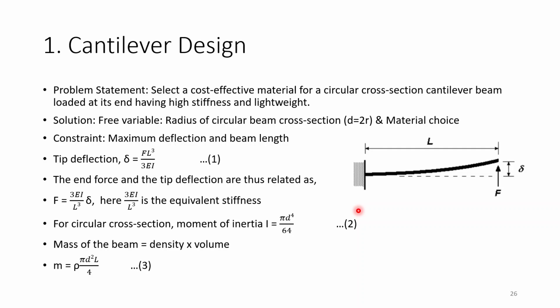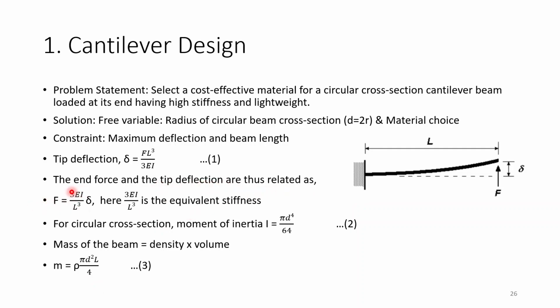So tip deflection delta is given as FL cube upon 3EI. Here you have F as force, L is length, E is elastic modulus, I is your moment of inertia. So the end force and the tip deflection can be related.